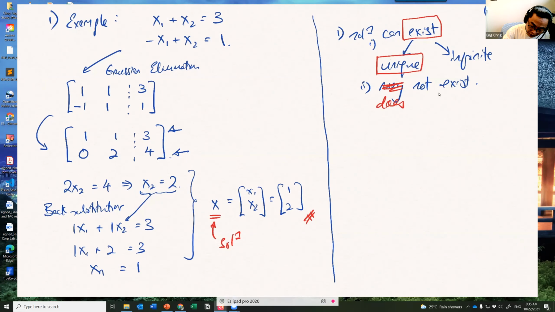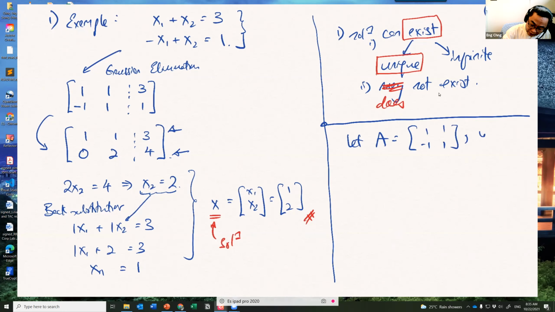So but we're not done with this problem yet. Let us take this and then write it in another way. We let A equal 1, minus 1, 1, 1. And we let Y equal 3 and 1.